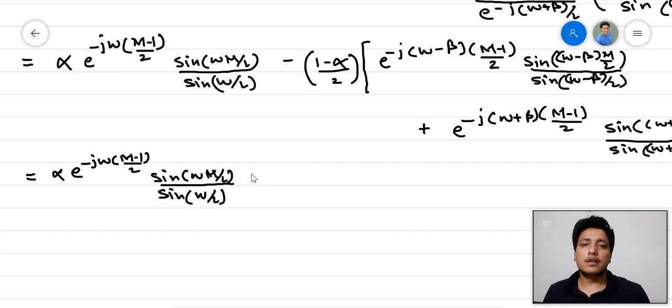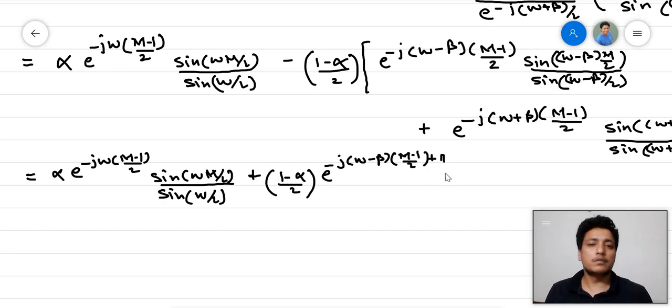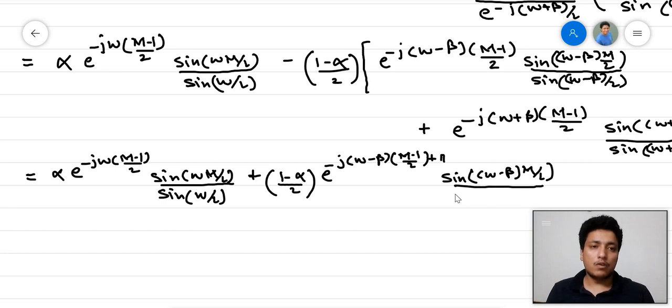This minus sign will be adjusted with the phase, so we can make 1 minus alpha by 2 exponential minus j (omega minus beta) (m minus 1) by 2 plus pi, and then sine (omega minus beta) m by 2 over sine (omega minus beta) by 2.